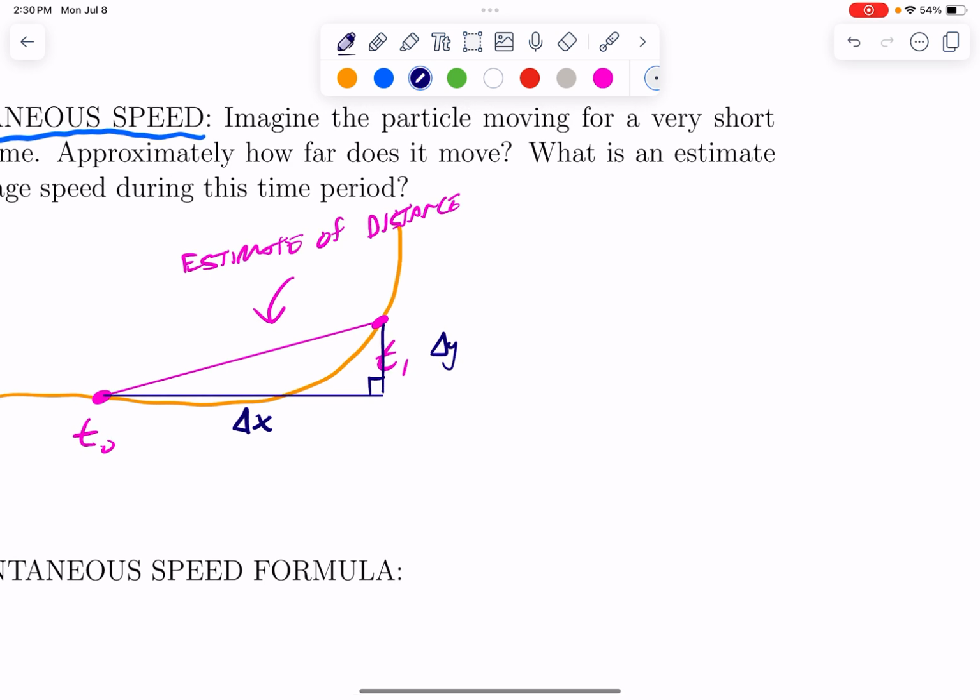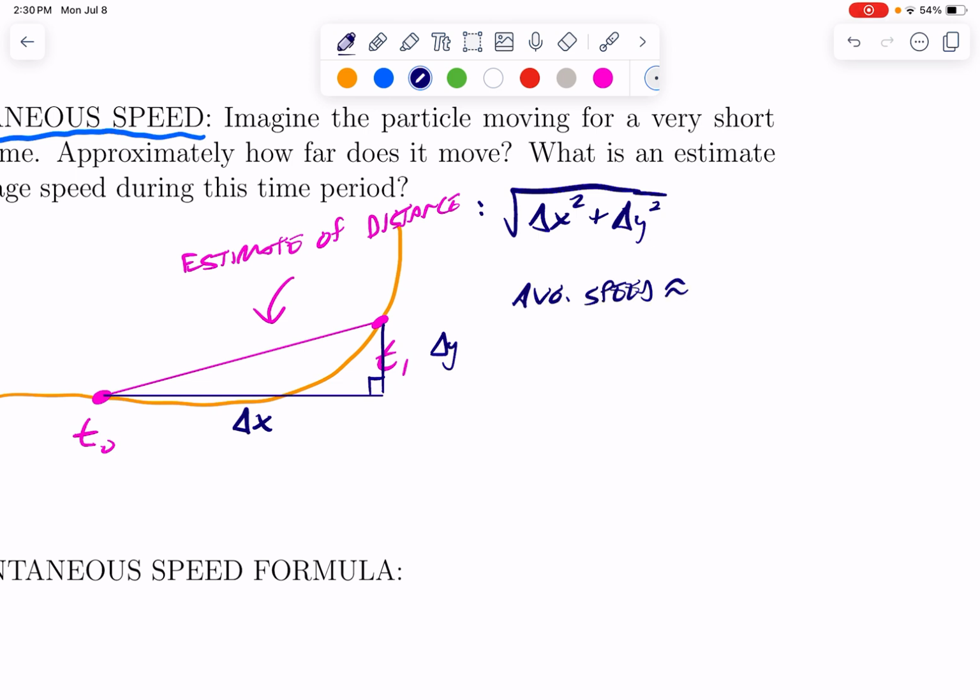So our approximation for the distance there would be the square root of delta x squared plus delta y squared, just by the Pythagorean theorem. And then our average speed would be approximately this distance divided by this change in time.